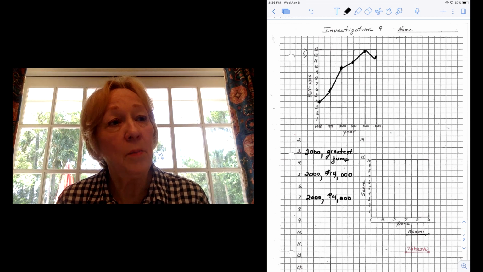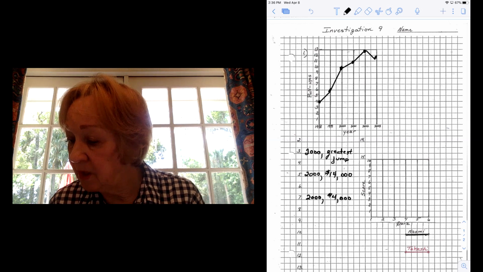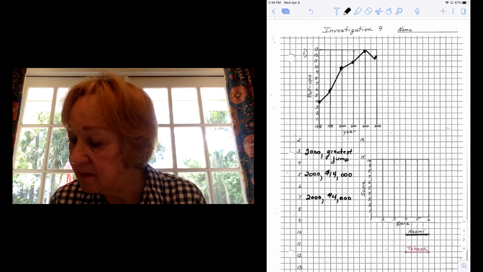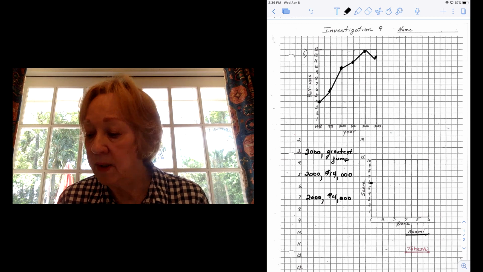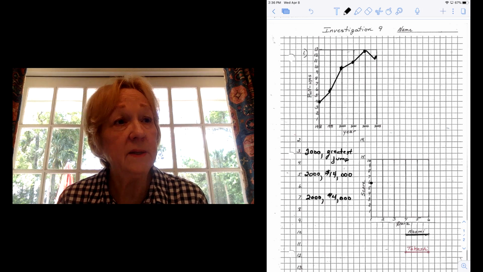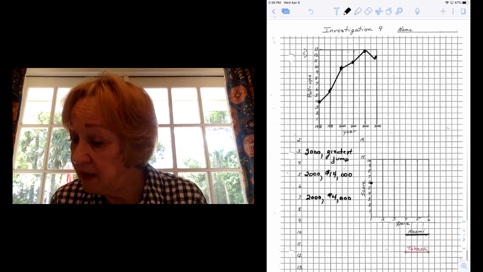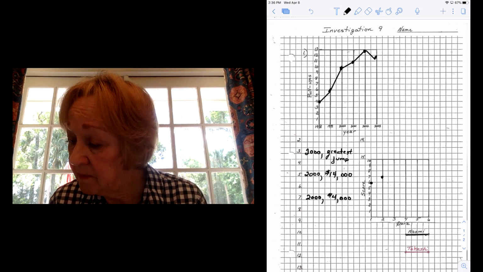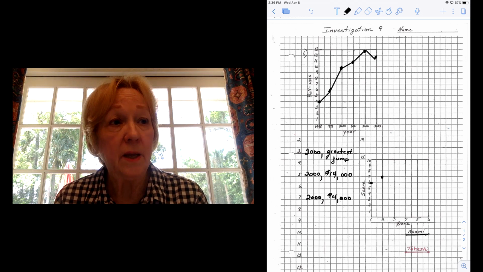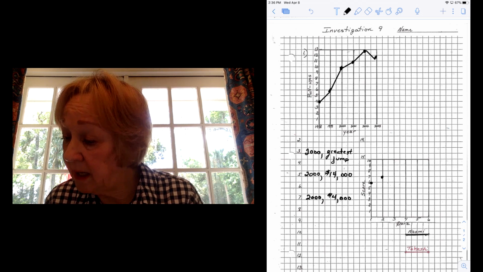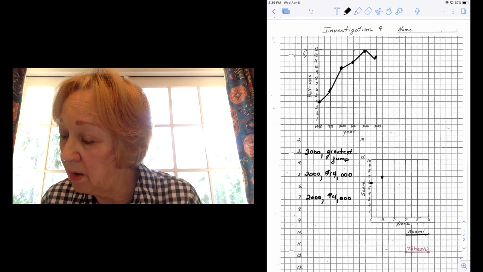Okay, so Naomi, in the first quiz, she made 6, each quiz is worth 10 points, okay? Then, in the second quiz, she made 7. And then, in the third quiz, Naomi made 8. Can you find 8 on here? The third quiz, all the way up to 8.